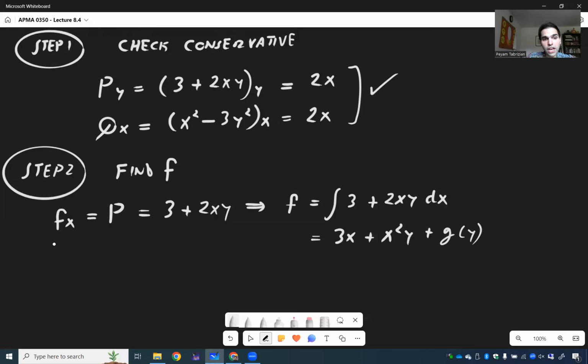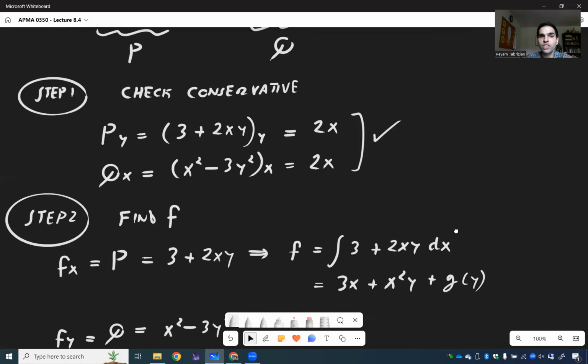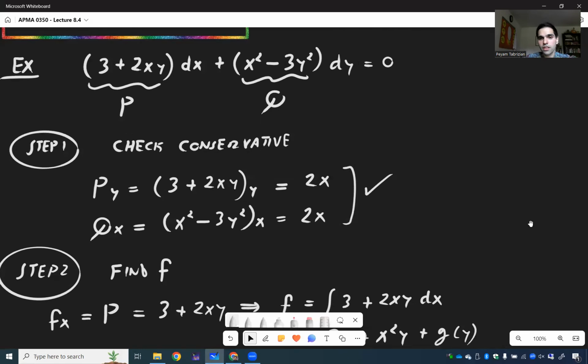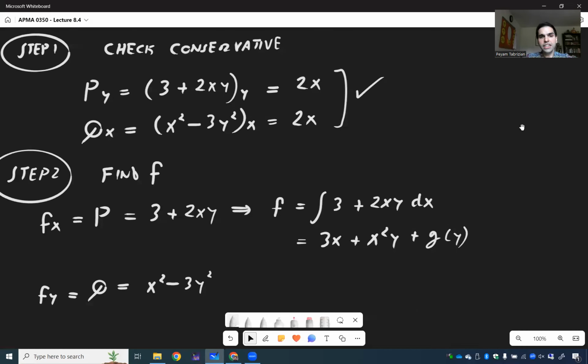On the other hand, we have to do the same thing for f_y. So f_y is Q, which was x squared minus 3y squared. Remember, go back to your original equation here. And then we need to integrate with respect to y. So f is the integral of x squared minus 3y squared dy.